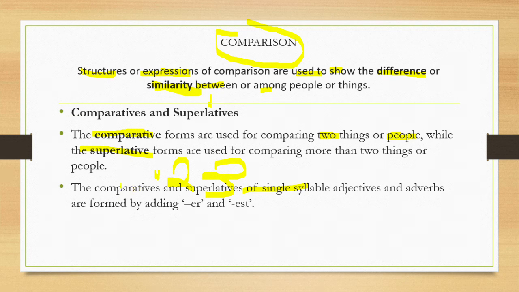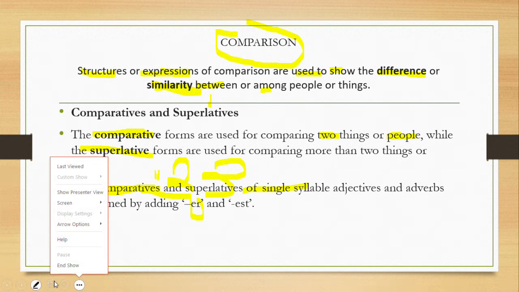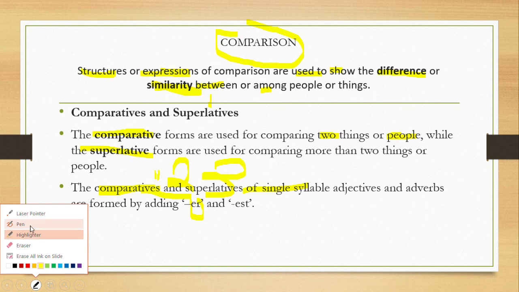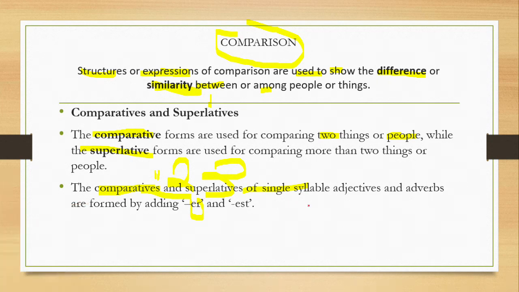The comparatives and superlatives of single syllable adjectives and adverbs are formed by adding er and est. Let me make this clear. When you are using the comparative forms of words, you simply add er to the word. That means you are comparing. Let me give you an example here. We are comparing Mwanza here and Musonda.